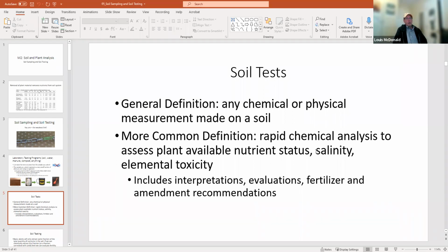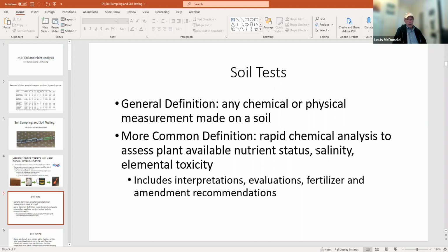The actual determination of the plant essential elements other than nitrogen are relatively straightforward. They're not difficult to do. What you really want from a soil testing lab is the interpretation and the recommendation. And those are difficult to do.